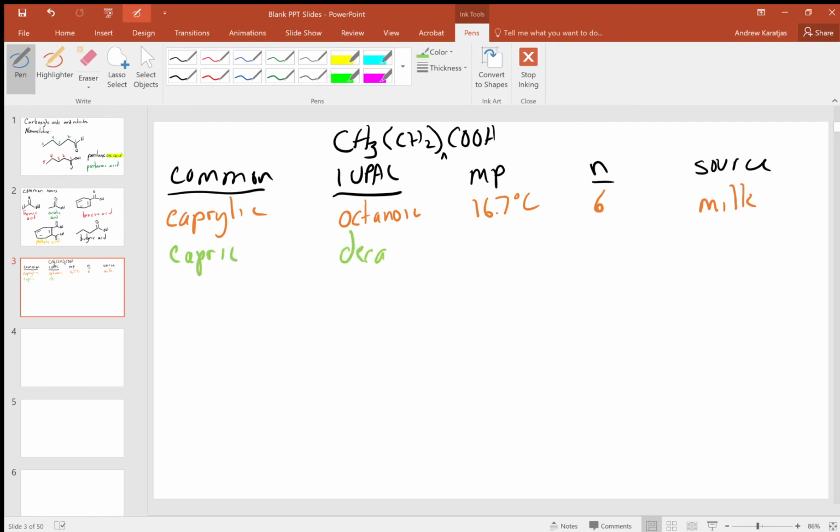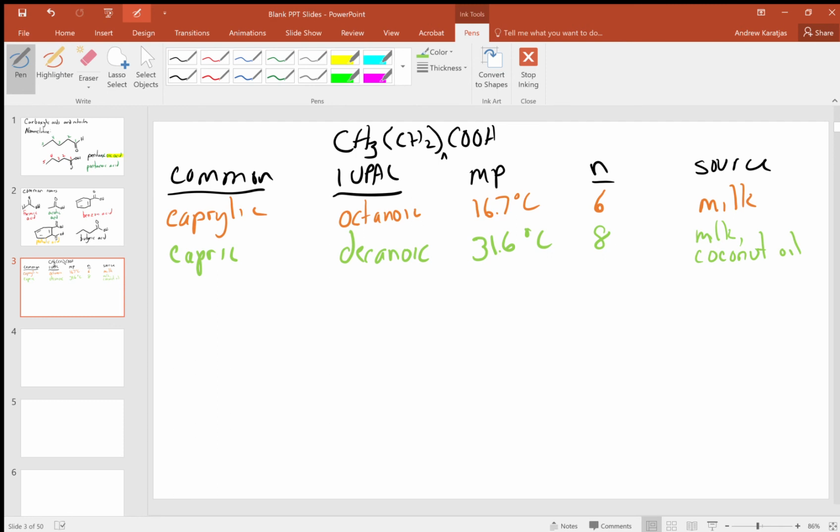Its IUPAC name is decanoic acid. As our chain gets longer, our van der Waals attraction increases. And so the larger or longer our fatty acid is, it's going to go from liquid to solid. Capric acid is also commonly found in milk, as well as coconut oil.